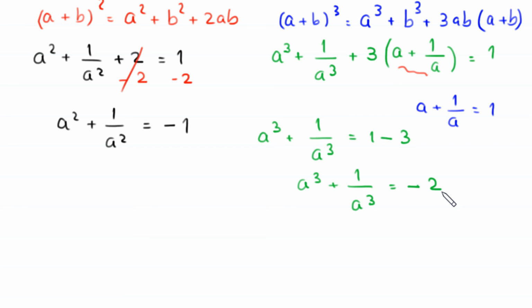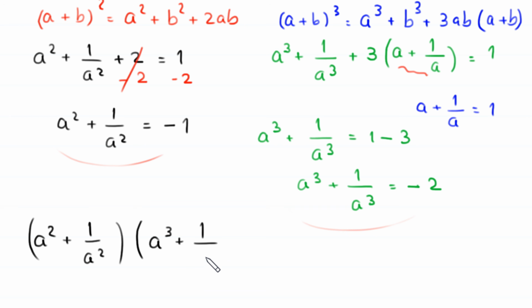Now to get the value of a to the power 5 plus 1 over a to the power 5, we multiply these two equations. So this will become a squared plus 1 over a squared times a cubed plus 1 over a cubed equal to negative 1 times negative 2.